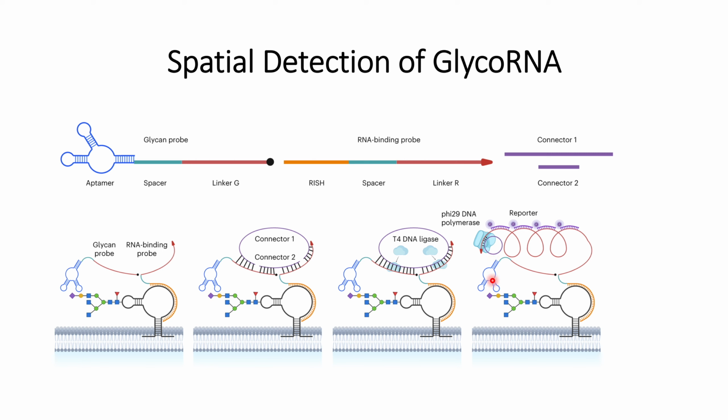When the aptamer and these newly synthesized DNA structures are in close proximity, it will give a fluorescence reporter, and that will provide us the signal that this kind of RNA that contains aptamer specific glycan structures is present. So this close proximity will help us avoid any false positive signals.